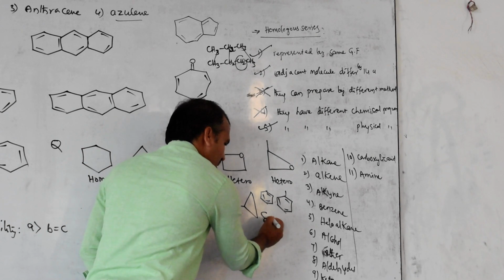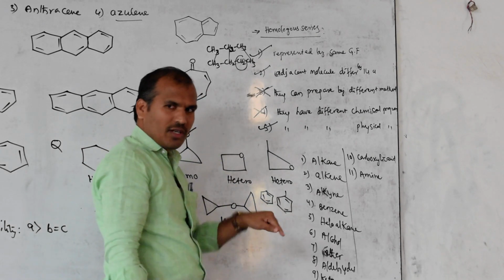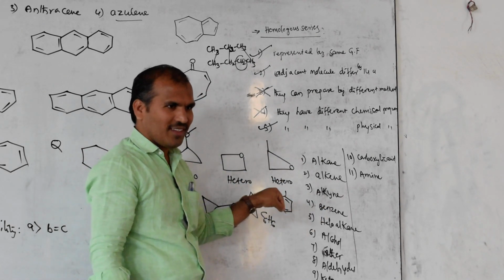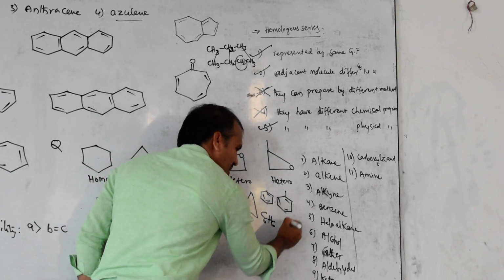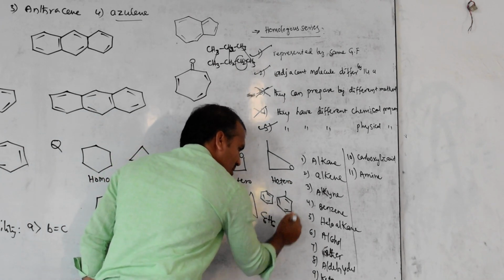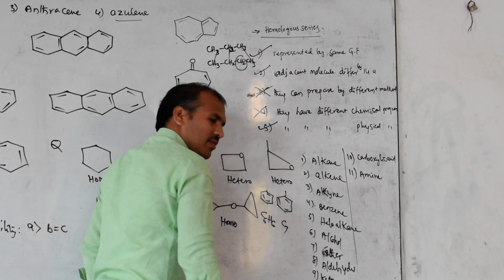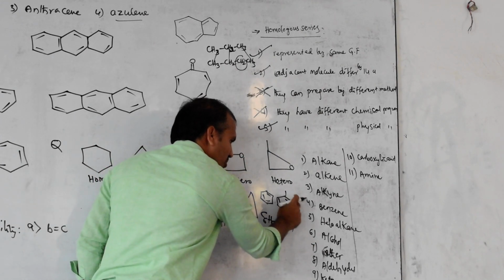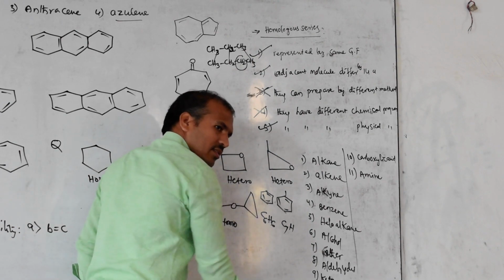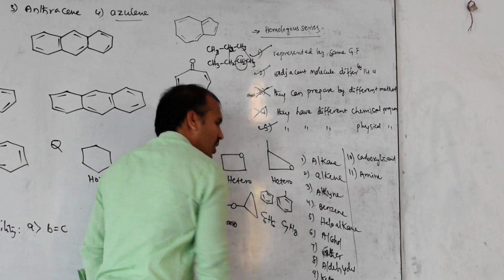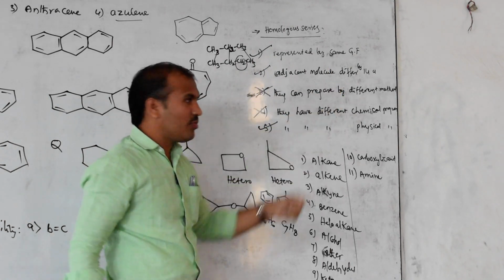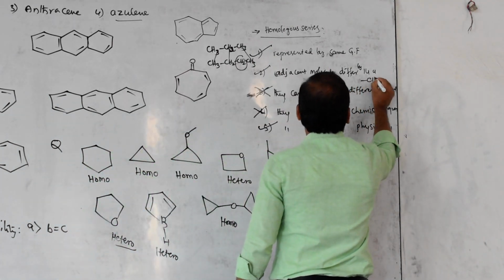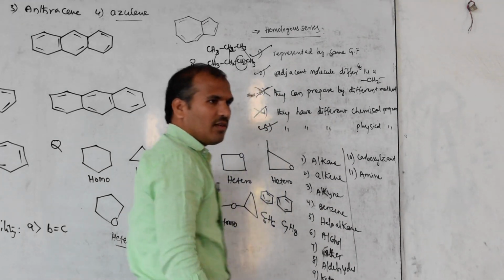Benzene's formula is C6H6. Toluene is C7, with hydrogens 5 plus 3, which is 8. Then do they differ by 14, that is CH2? Yes or no?